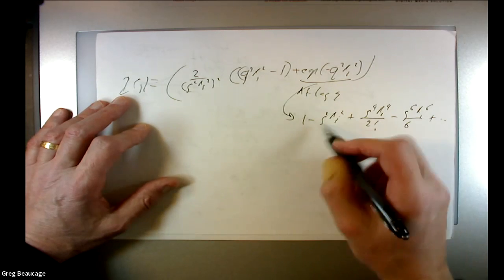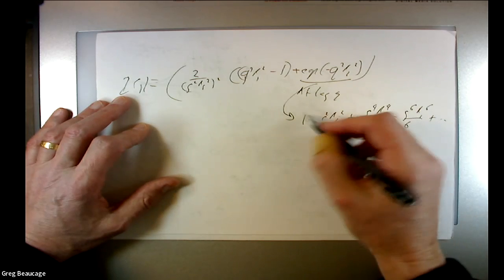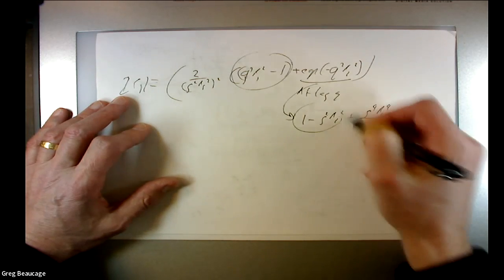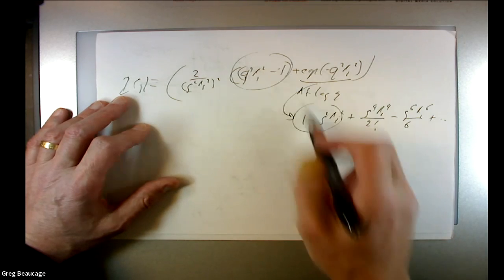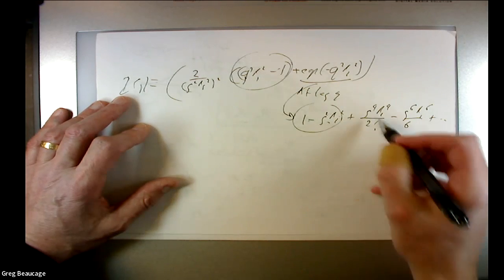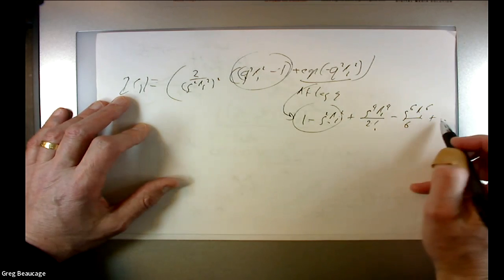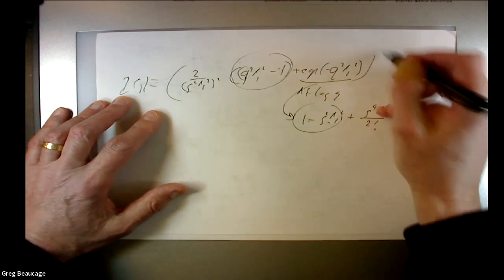If it's small, you would usually only take the first two terms, but here he's got the first two here. So these cancel: minus 1 plus 1, minus that, plus that. Then you just have these things.